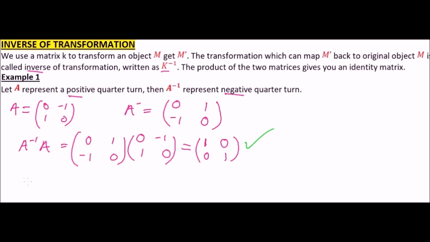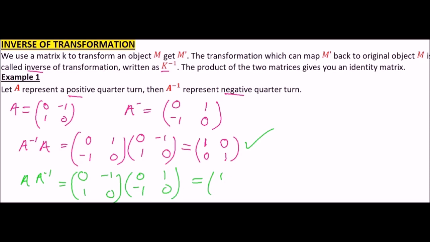We can also start with A and multiply by the inverse of A. So we start with A, which is 0, minus 1, 1, 0. You multiply by A inverse, which is 0, 1, minus 1, 0. When you multiply, 0 times 0 is 0, minus 1 times minus 1 will give you positive 1.